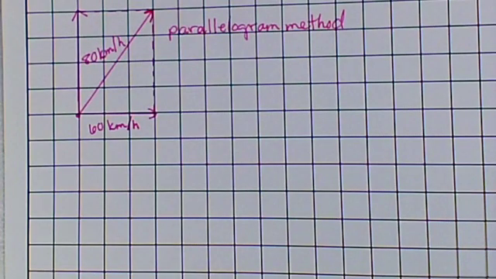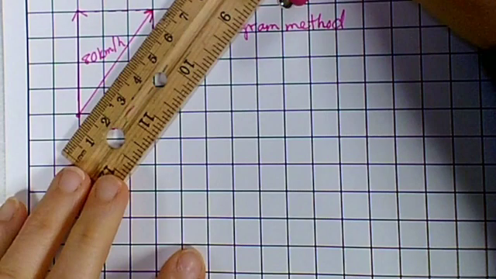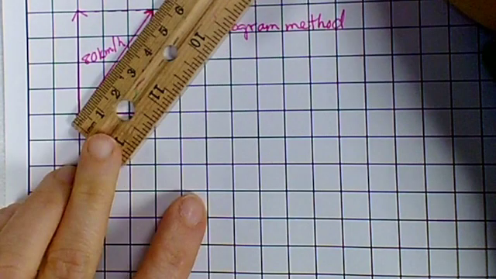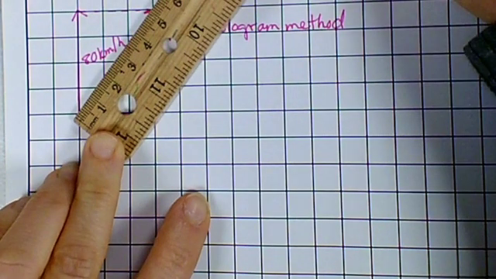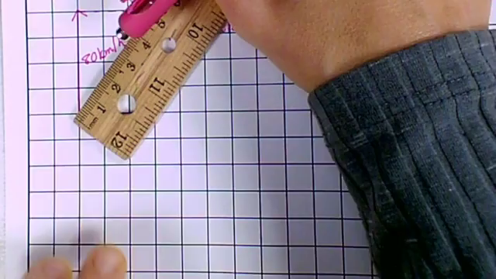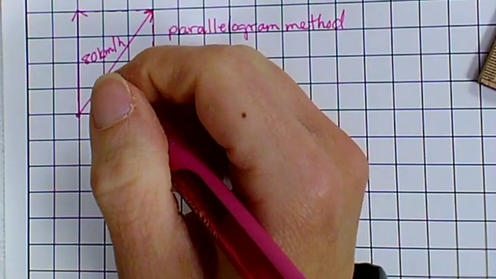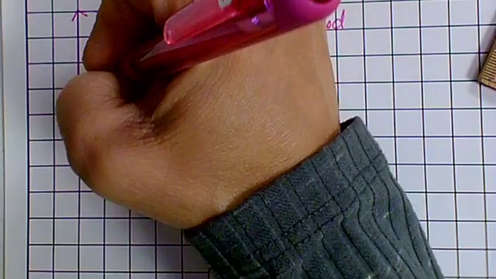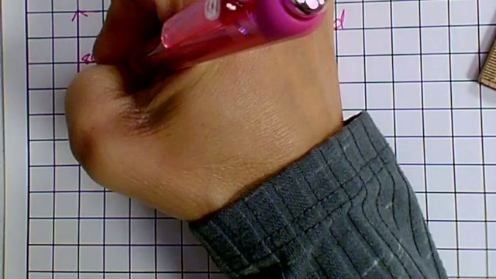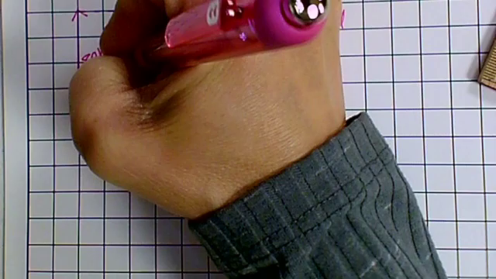Then what we can do is we can measure the resultant, and I get 5 centimeters, but remember, each centimeter is 20 km/h, so 5 times 20 gives us a resultant of 100 km/h.